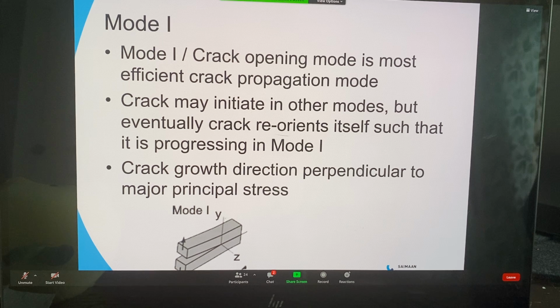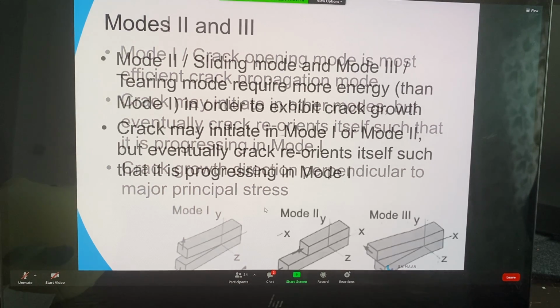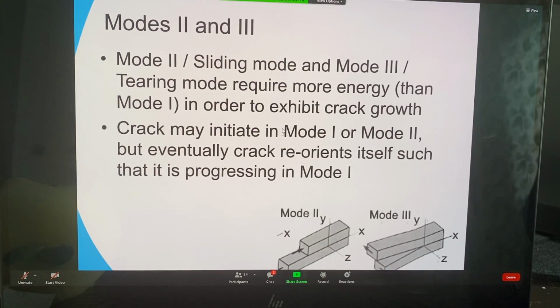And depending on the surrounding stress conditions, it will find the direction where it's the easiest. And then these mode 2 and 3, as mentioned, they require more energy, and if the crack keeps growing further, they will eventually reach mode 1.